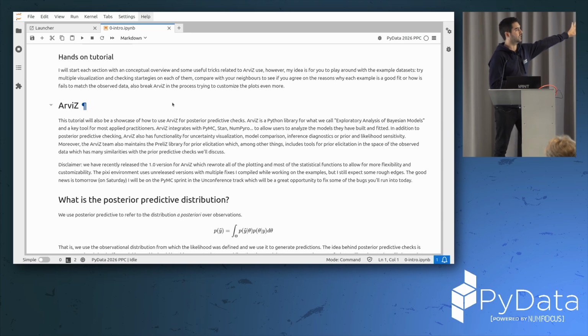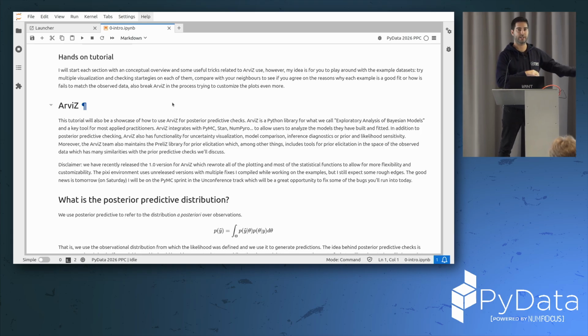So the talk has a very big component of ArviZ showcase too, as we recently released a major version. So there are many new features. Many of them are related to posterior predictive checks. If you have already used ArviZ, I don't know if anybody has ever used Stan, PyMC, or ArviZ, they will notice a little bit.